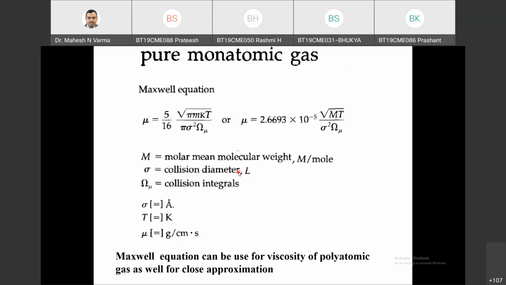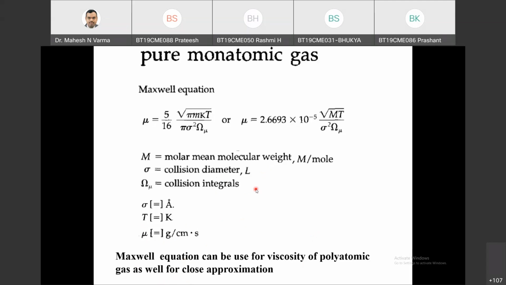And these are the collision diameter and collision integral. These are the information from statistical thermodynamics. The collision diameter is measured in angstrom, temperature is measured in Kelvin, and viscosity is in gram per centimeter per second. So the Maxwell equation can be used for viscosity of polyatomic gases as well as monoatomic gases with a higher density, if molecules are at close distance and molecular density is higher.